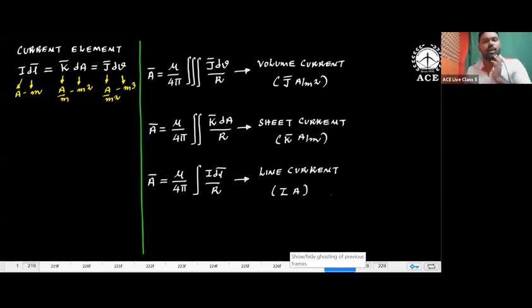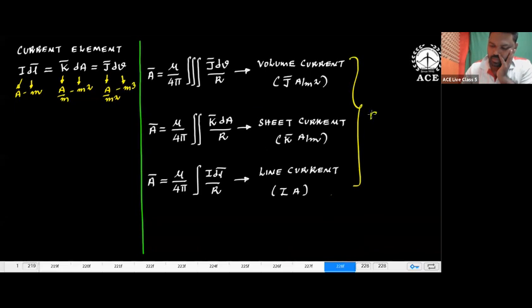Yes. So once you are getting A, and then if you want to find out the B, what you need to do? B is equal to del cross A. Clear, beta?